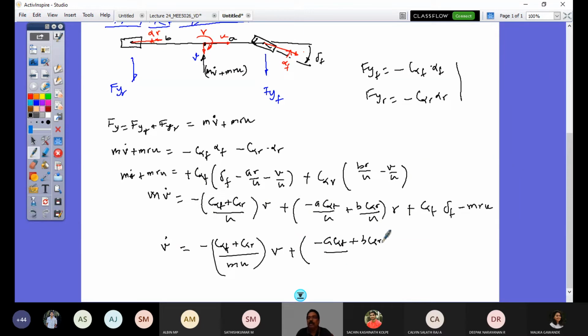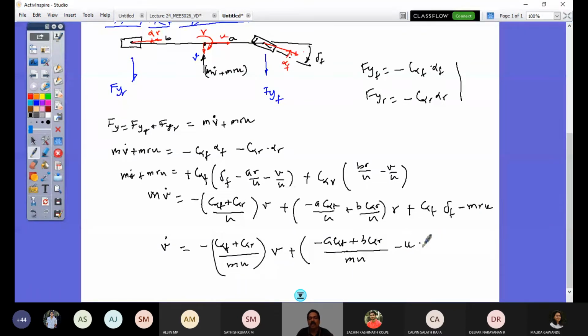And here I have again MU, so this is divided by M. So I will have minus U into R plus C alpha F divided by M into delta F. So that's my equation number 1, Roman numeral 1.